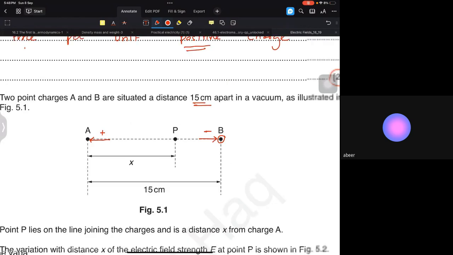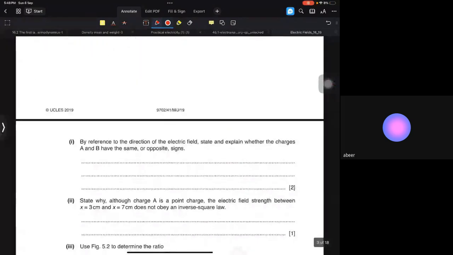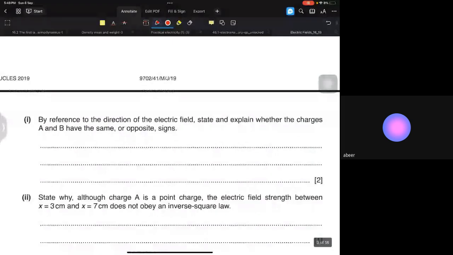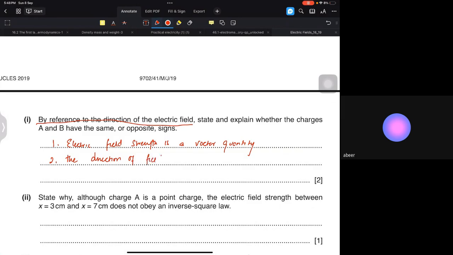So what I want you to write here for 2 marks, if I were you, I would say, number one, that electric field strength is a vector quantity. Because it says by reference to the direction of electric field, I'll say the direction of field for both charges is opposite.